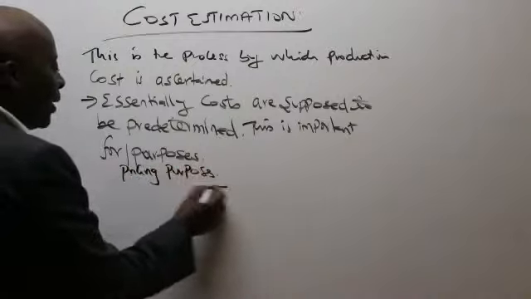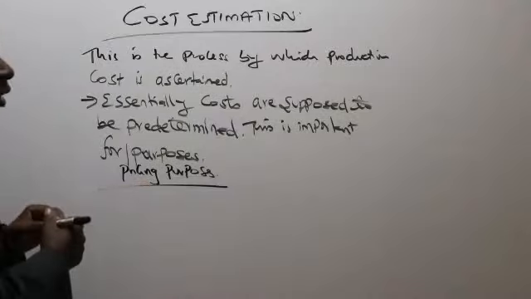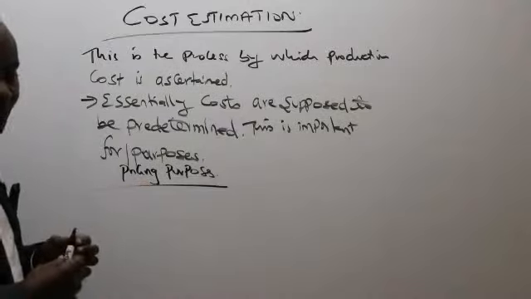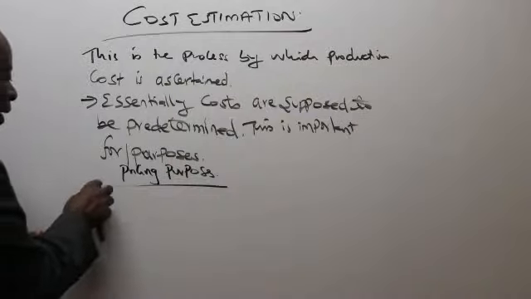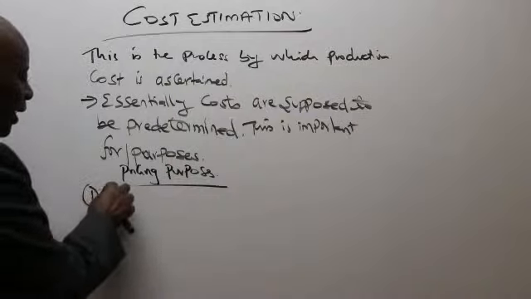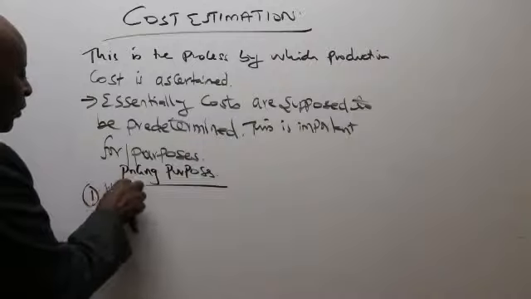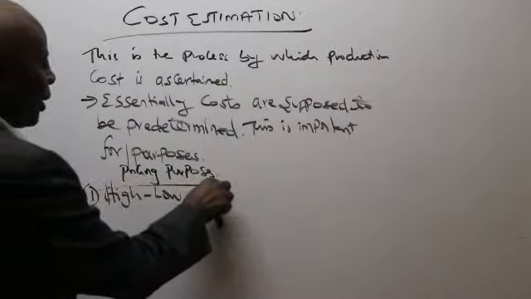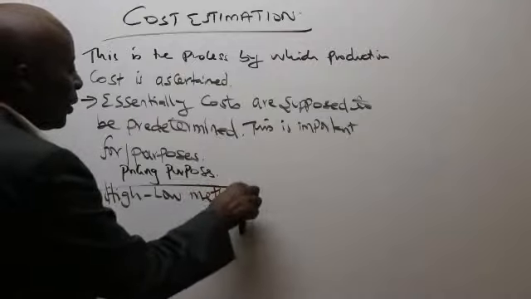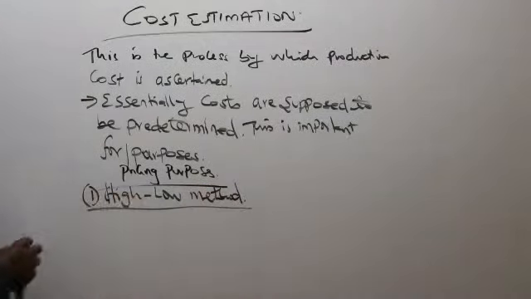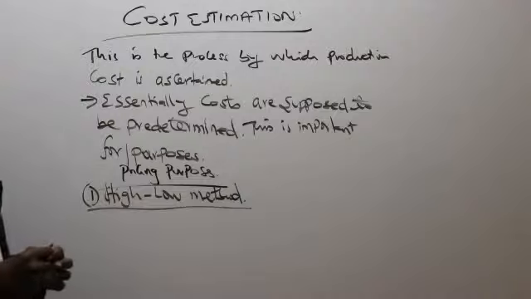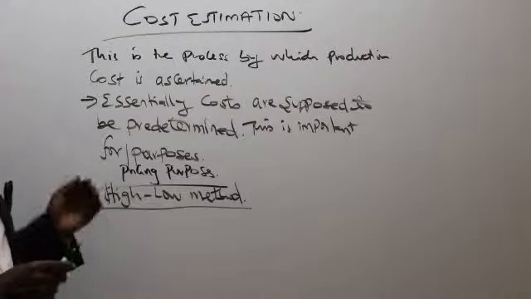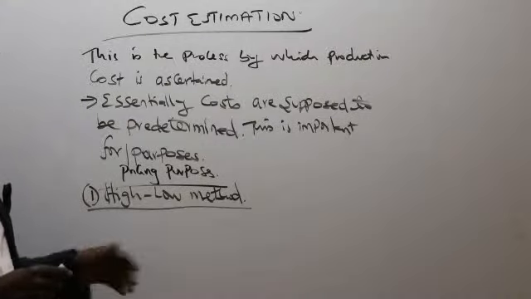Now, ladies and gentlemen, we have the cost estimation techniques. The first cost estimation technique, if you look at your course outline, is the high-low method. So under the high-low method, what are we required to know?